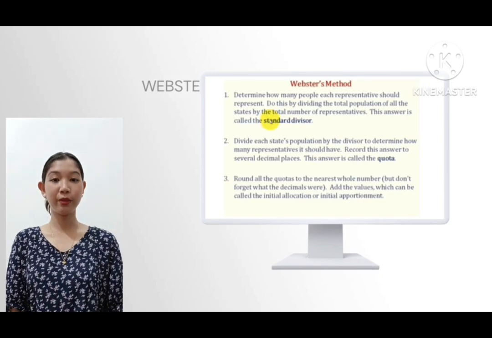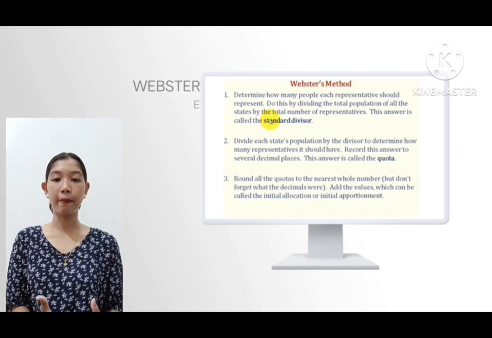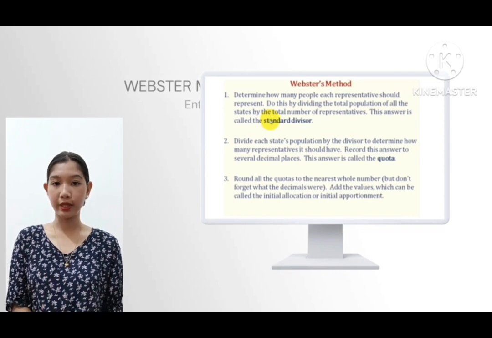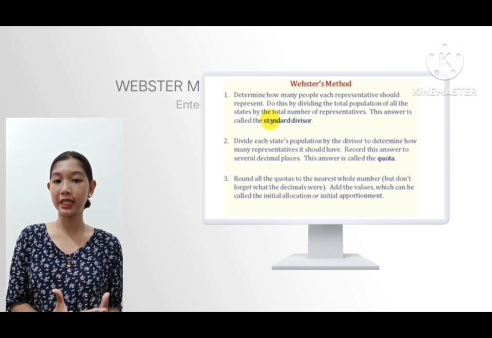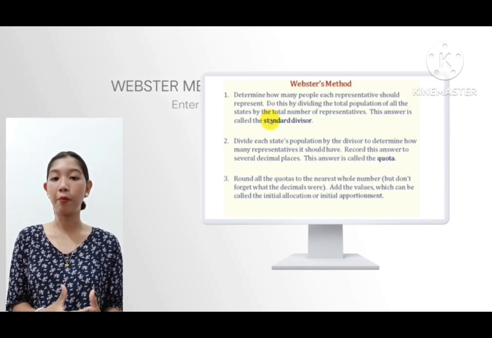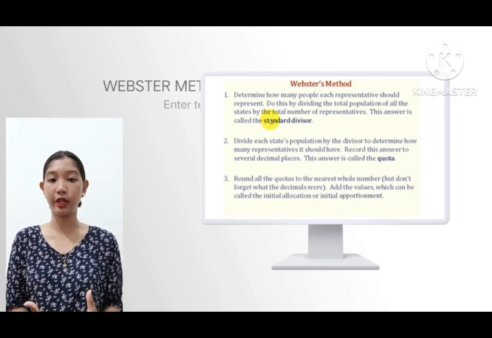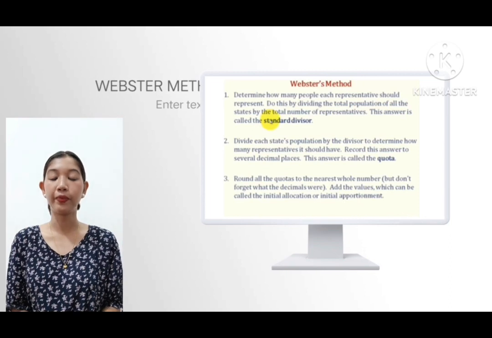To apply Webster method, first we determine how many people each representative should represent. Do this by dividing the total population of all the states by the total number of representatives. This is called our standard divisor.